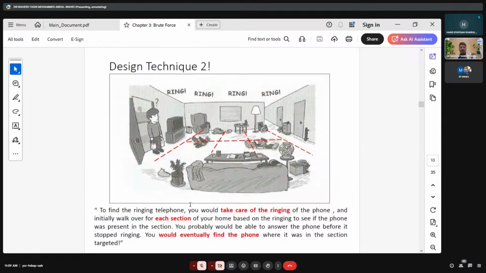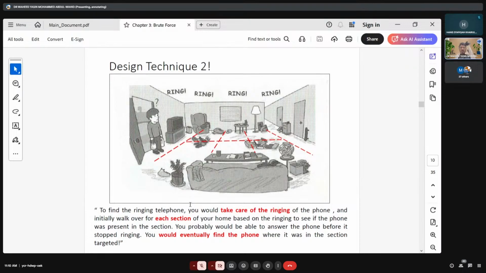Technique 2. To find the ringing telephone, you would pay attention to the ringing of the phone and initially walk over each section of your home, based on the ringing, to see if the phone was present in the section. You probably would be able to answer the phone before it stopped ringing.